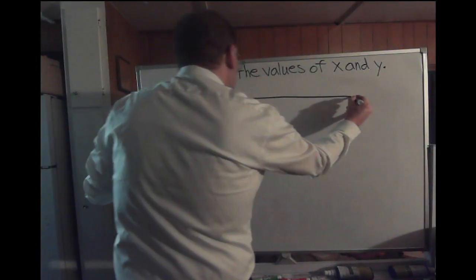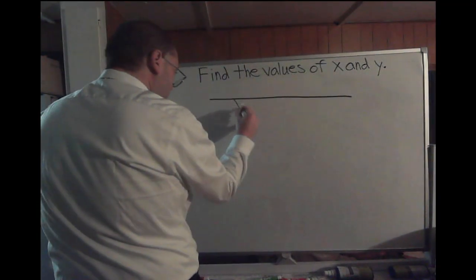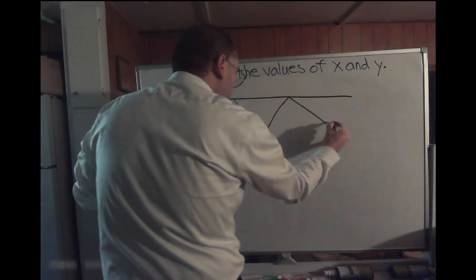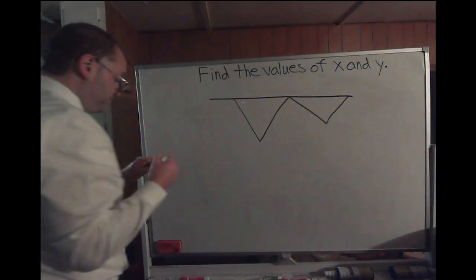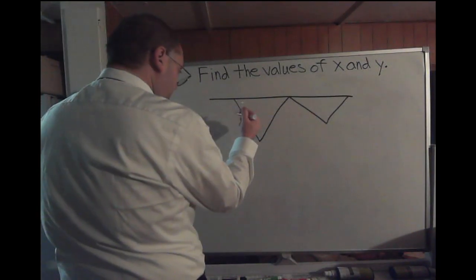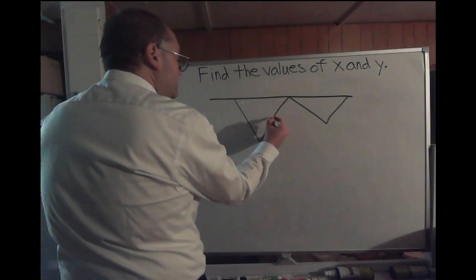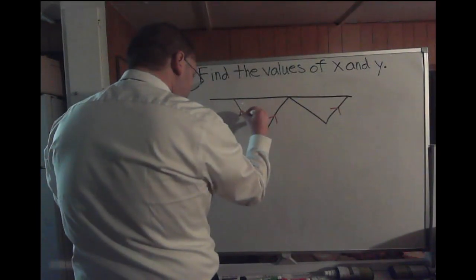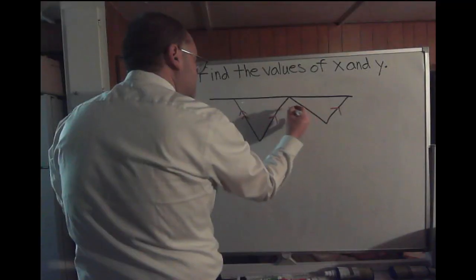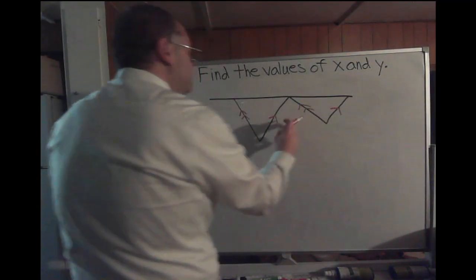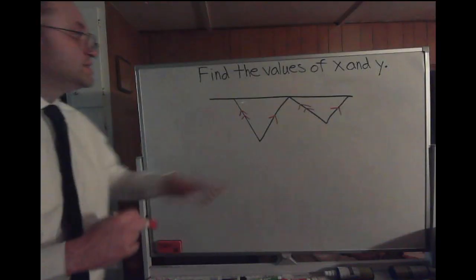Let's draw a bigger triangle. Here, let's draw a smaller triangle. So we have this line parallel to this line, and these two lines here parallel to each other. So we have two sets of parallel lines, okay?